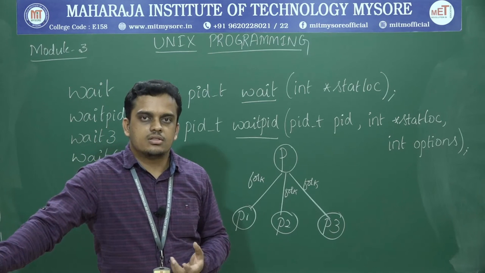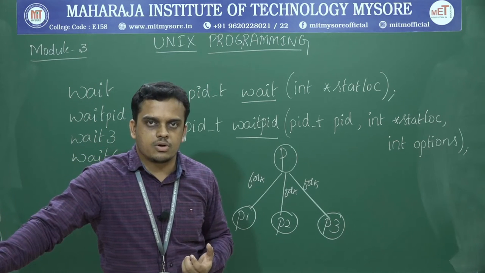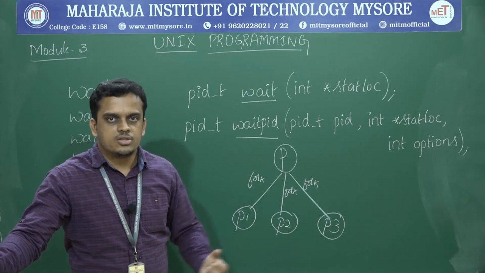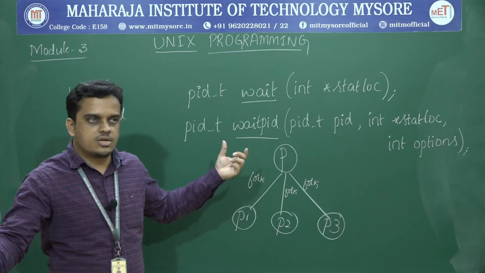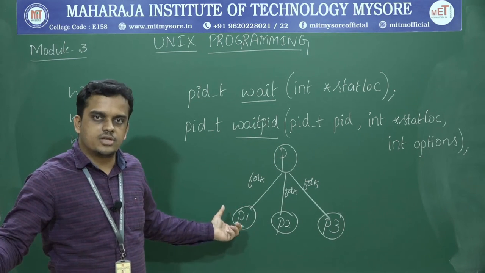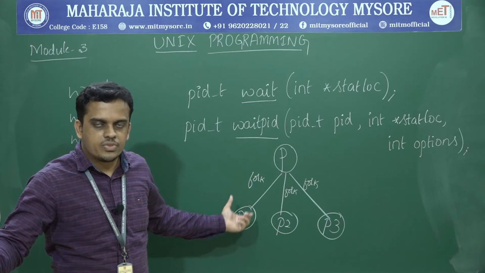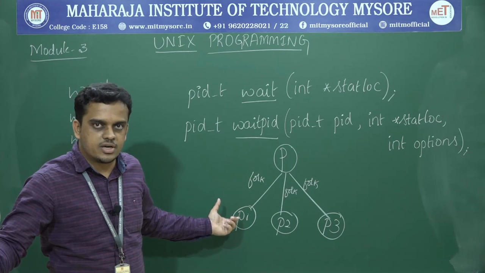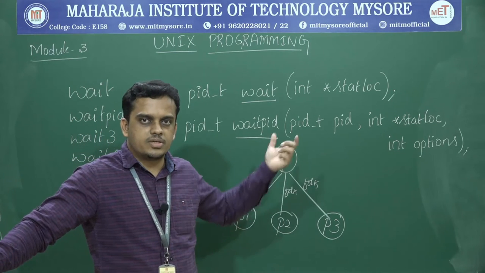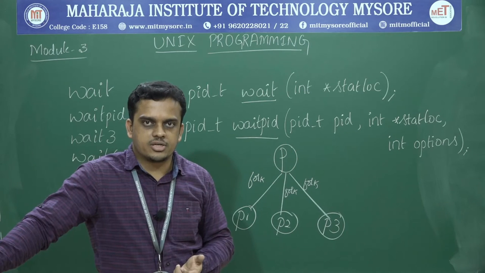That is to say, the termination status will not be returned to the caller process, because there is no terminated process yet. So at that instance, the caller will wait until some child process gets terminated first, and then its termination status will be returned to the caller process. That is the example for a wait function.